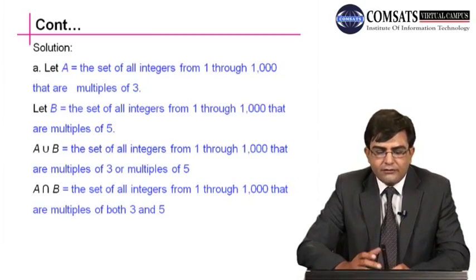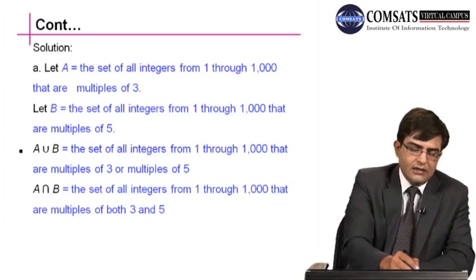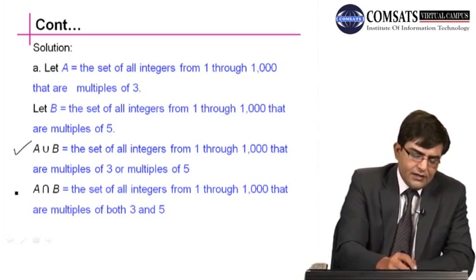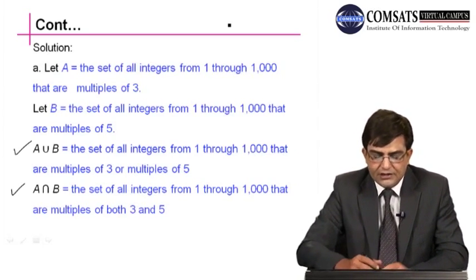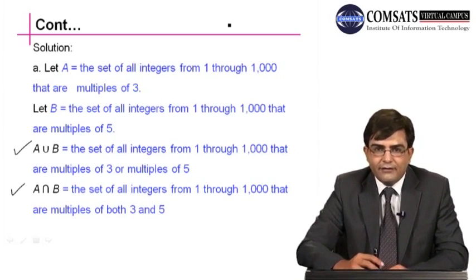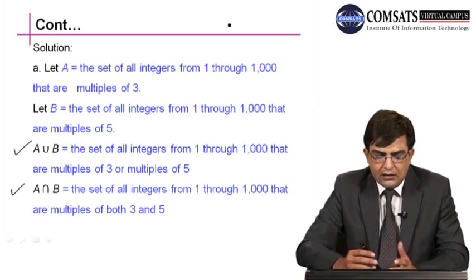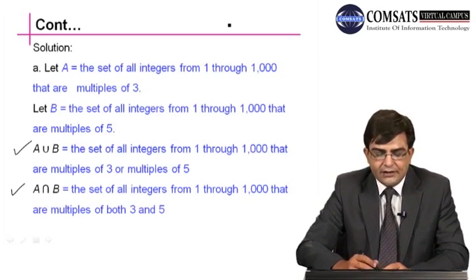Now the total number of integers which are either multiple of 3 or multiple of 5 is A union B, and A intersection B contains all those integers which are multiple of 3 and multiple of 5. That is, it contains those elements which are both multiple of 5 and 3.